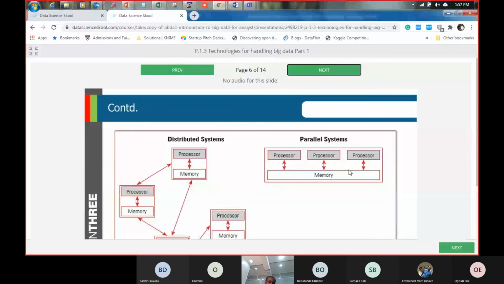Imagine here you have one processor and one memory. Now imagine you have 3 processors and 1 memory under this distributed system, 3 processors and 1 memory here. At the end of the day, you would probably be able to reduce that delay that you normally encounter when you have to manage big data.